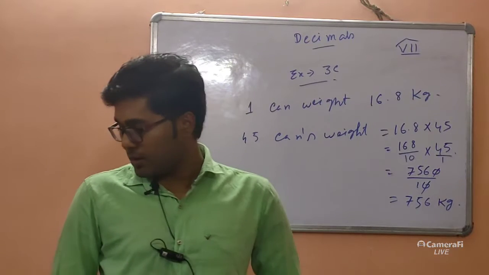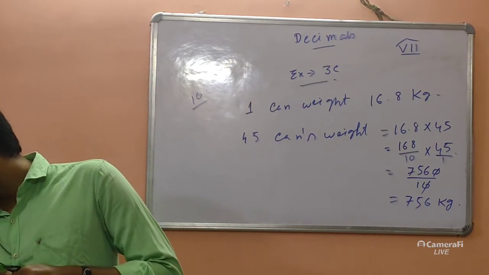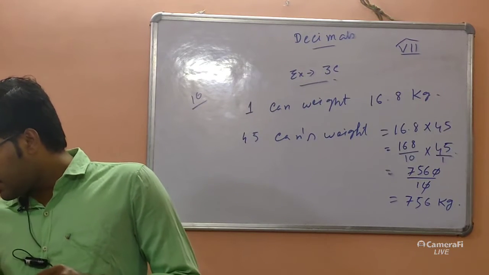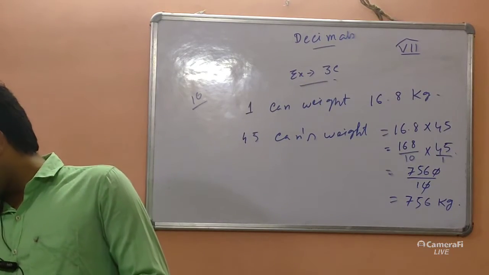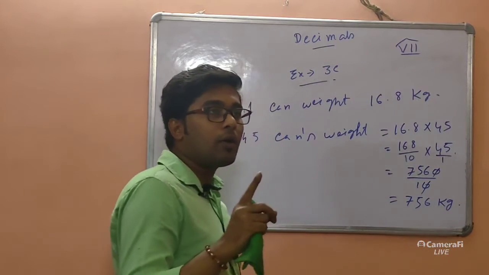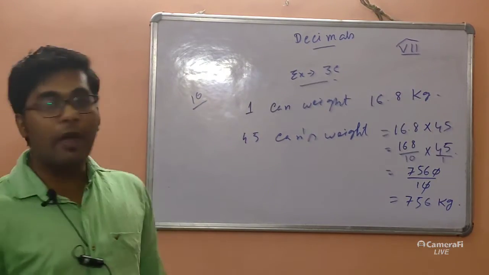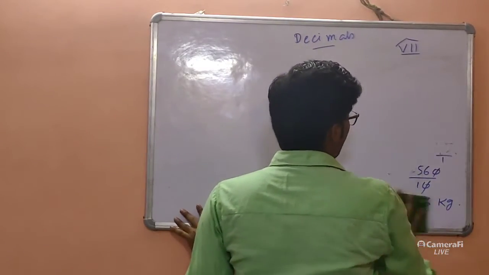Okay, let us do question number 12. It says find the weight of 16 bags of sugar, each weighing 48.45 kg. So one bag weighs 48.45 kg, right?